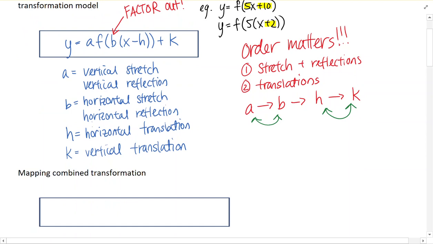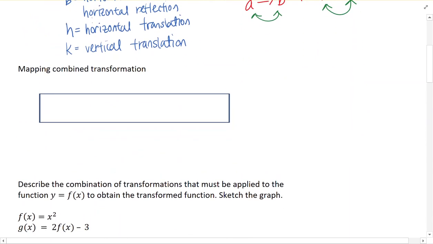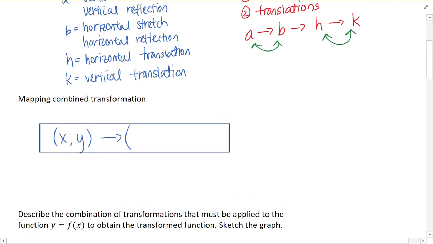Moving on. Now that you have all these different transformations together, mapping will be a little different because we need to make sure we incorporate all 4 transformations. So again, you start with the original (x, y). Remember, the x value is affected horizontally.